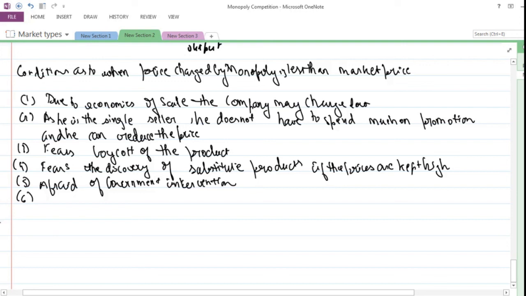He may spend a lot on research and development, and due to it, it might be possible that the cost of operations might have reduced. More spending on R&D and reduce cost of operation.